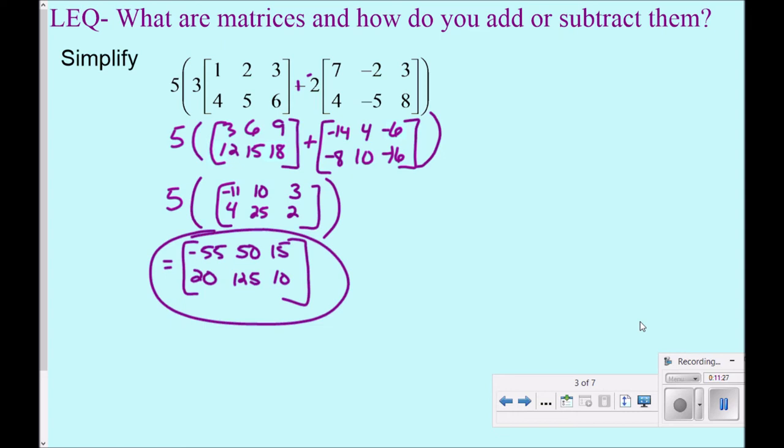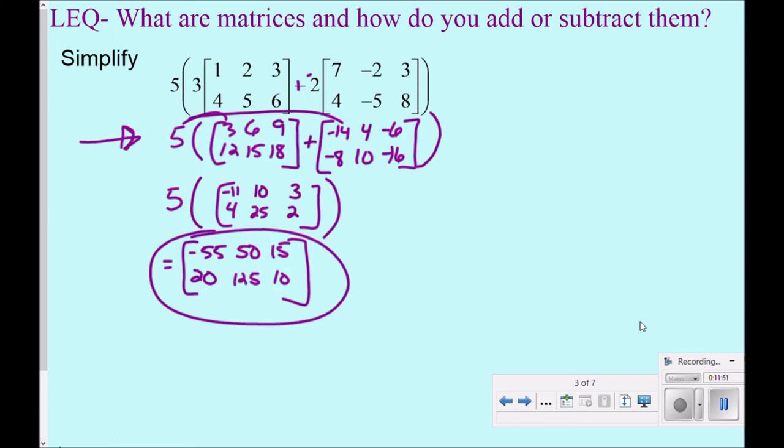Okay, so the point is that matrices follow order of operations as well. Now, I just want to point out one other thing here in this problem. If you wanted to back up here at this step, you could have distributed the 5 and used it like a scalar and multiplied the 5 by the first matrix and the 5 by the second matrix, and then added the two matrices.